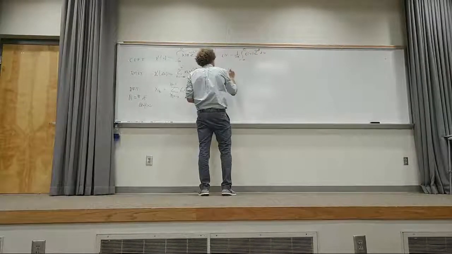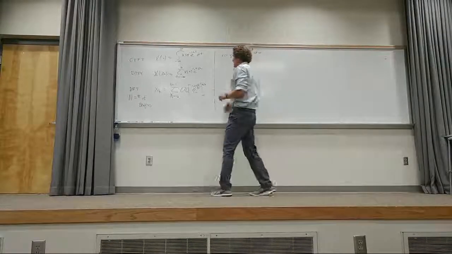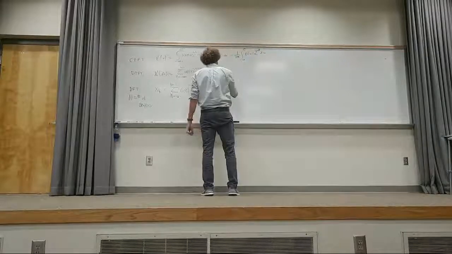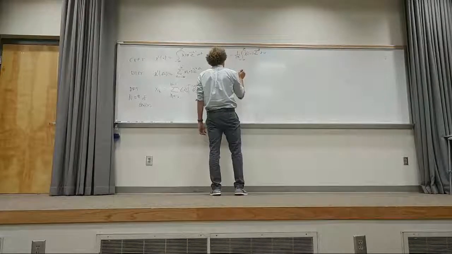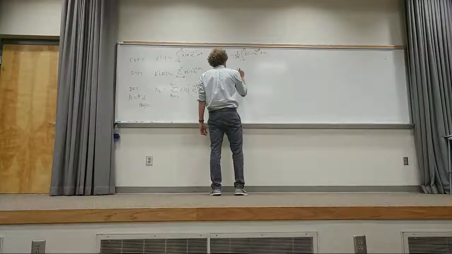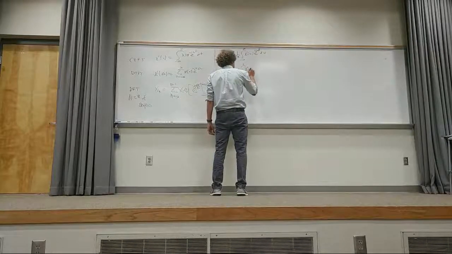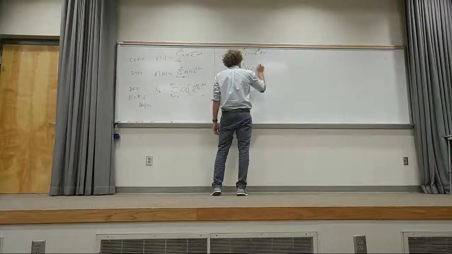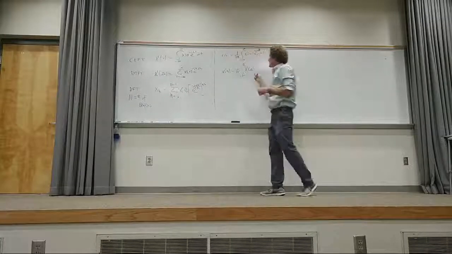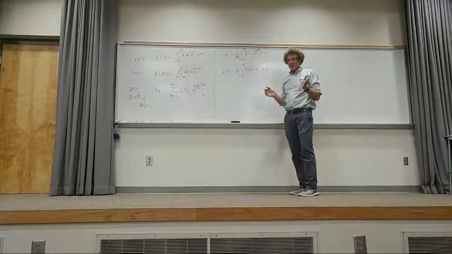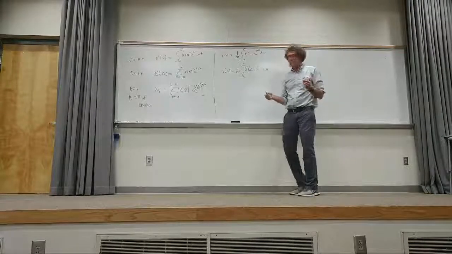For the DTFT, the inverse, x of n, would be equal to 1 over 2 pi, the integral from minus pi to pi of X of omega, e to the j omega n d omega. You all remember that? The integrations were identical in every way except for the limits. Correct, class? And that's why we can do that duality business.